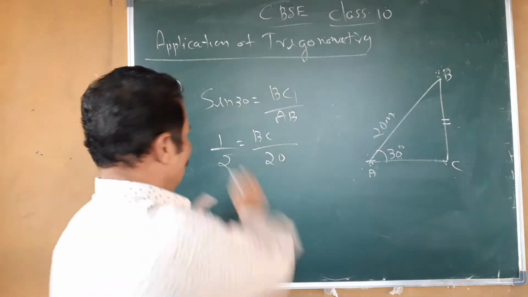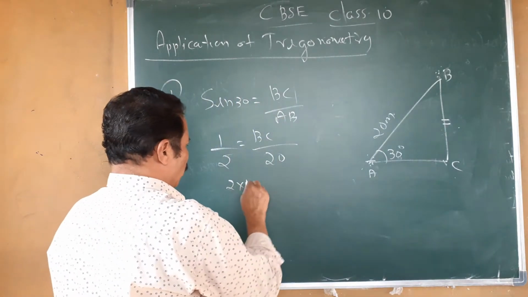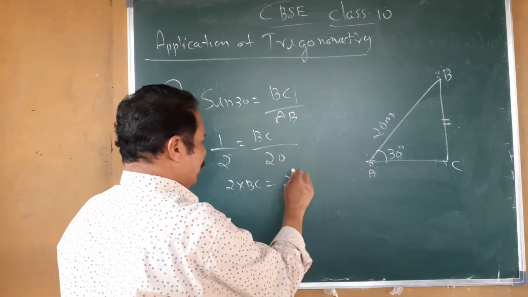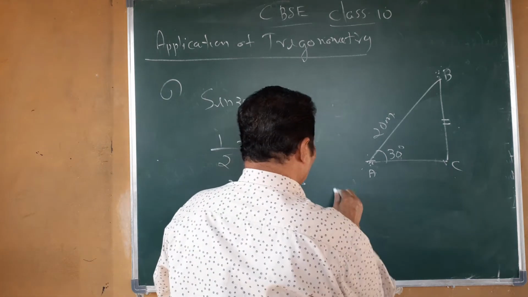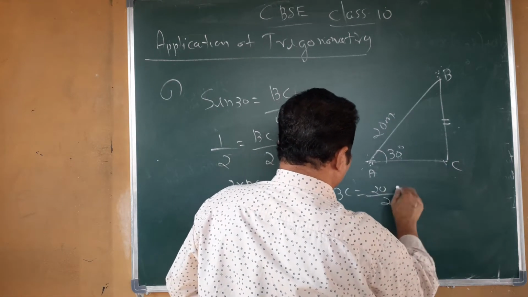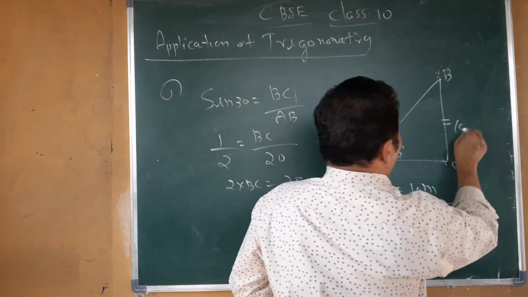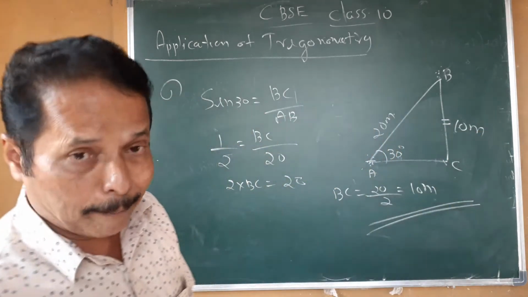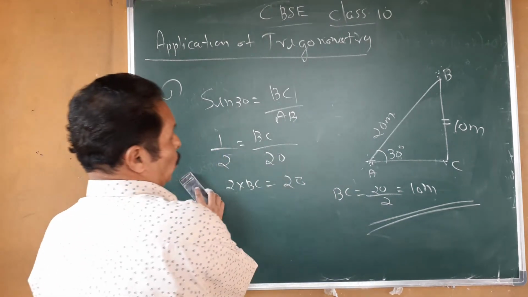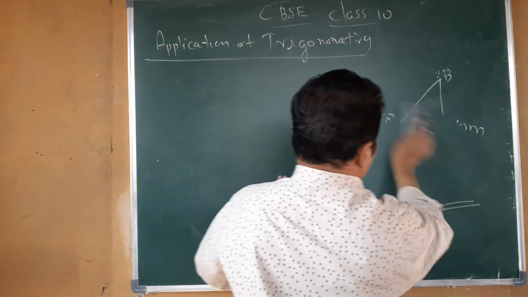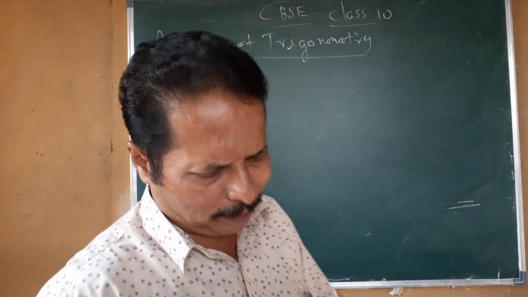Substitute the values. By cross multiplying, 2 into BC equal to 1 into 20. So BC equal to 20 divided by 2 equal to 10 meter. That is the height of the pole equal to 10 meter. You watch the video very slowly and carefully.